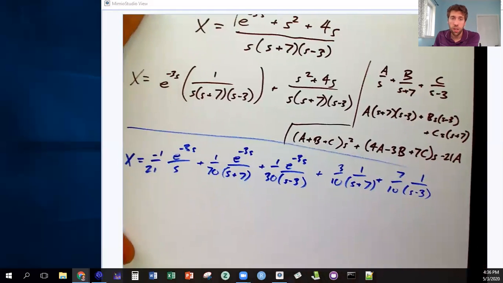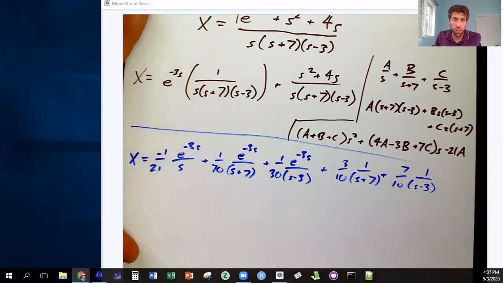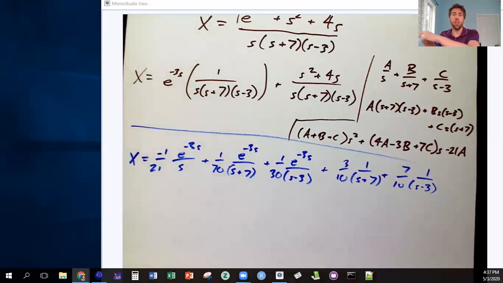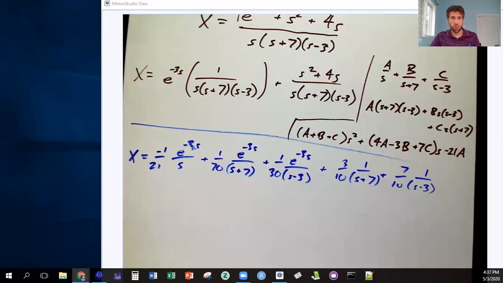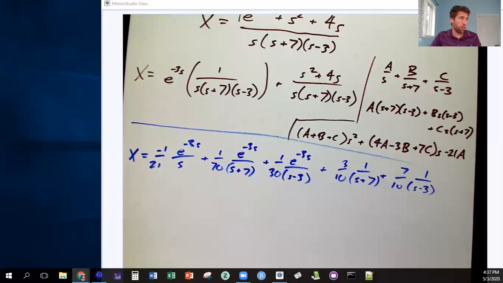Okay, so then I take the inverse of the Laplace transform, and anywhere I have this e to the negative 3s on top, if you go to your table from section 6.1, anytime you have an e to the negative 3s, that means you've got a u3 times that function with t minus 3.